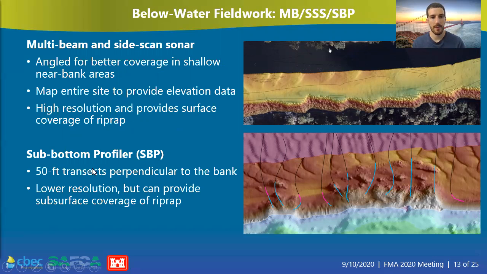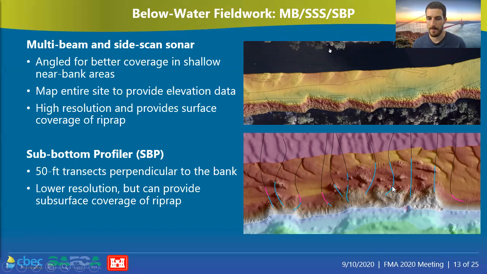The sub-bottom profiler survey includes 50-foot transects that are perpendicular to the bank. So this is a lower resolution survey, but it can provide subsurface coverage of the riprap. So the frequencies of sound waves that are used are able to penetrate muds and to a lesser degree sands, and get different signals based on the composition of the subsurface material.